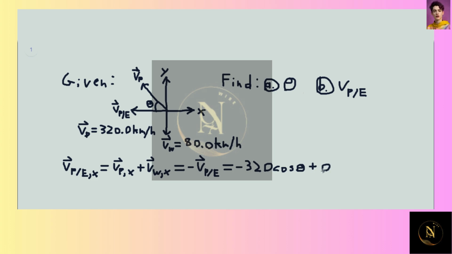Okay. So we have that for the x direction now. So we actually cancel out the minus signs here. So let's just cancel these minus signs. So the velocity of the plane relative to the Earth is equal to 320 times cosine of theta.